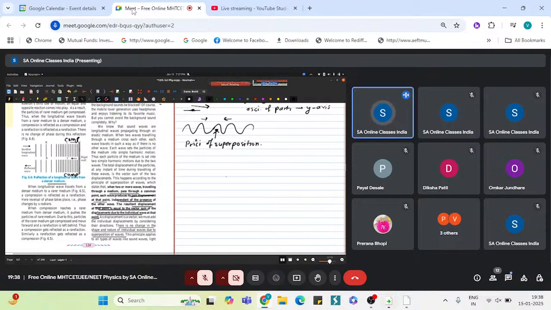So what is the meaning of this? Just to read the formal wording: when two or more waves traveling through a medium pass through a common point, each wave produces its own displacement at the point independent of the presence of the other wave, and the resultant displacement is the vector sum of displacements due to individual waves.